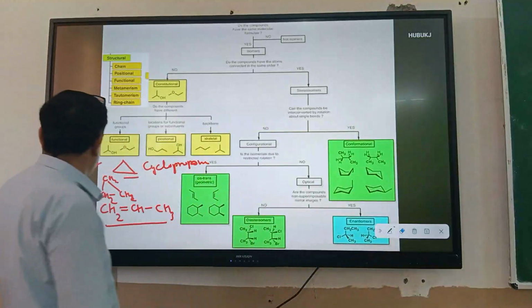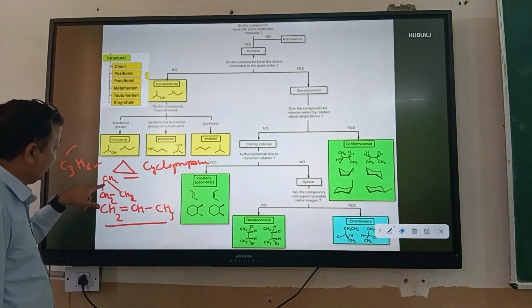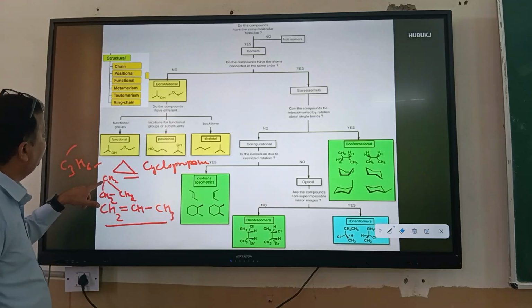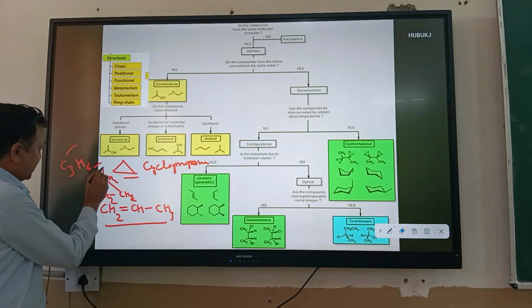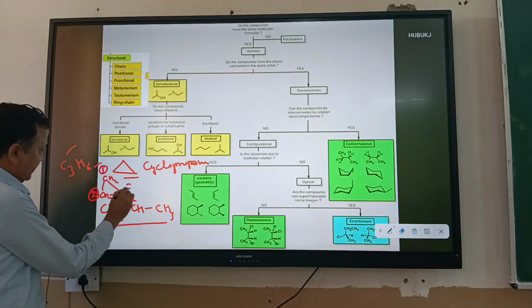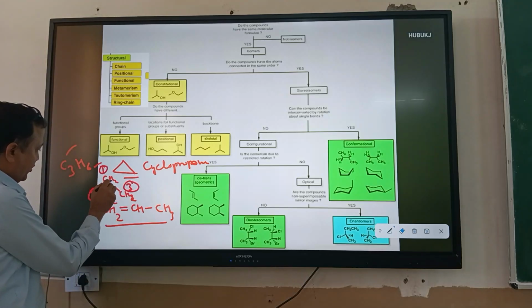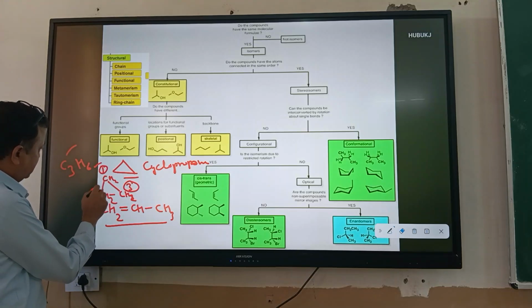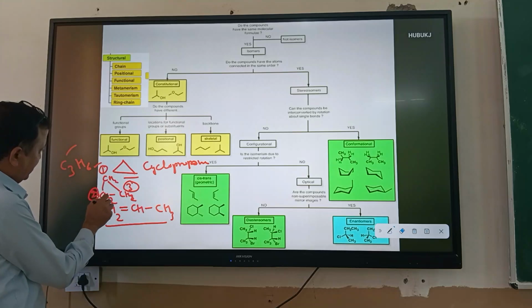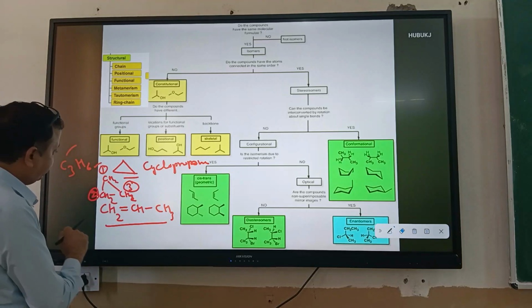In both cases, you can see that the connectivity is different. If you number the first carbon, second carbon, third carbon, the first carbon is attached to 2 hydrogens, and the second carbon is attached to 2 hydrogens and 2 carbons. The third one is also attached to 2 hydrogens and 2 carbons.